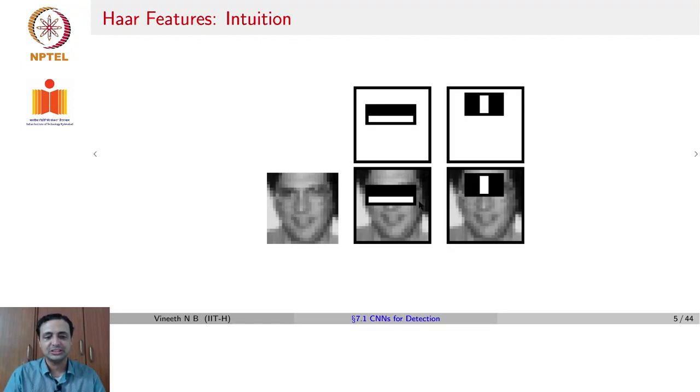So a Haar feature such as this would capture that difference. You could also look at eyes the other way and capture eyes using a white block sandwiched by two black blocks in a Haar wavelet. So these are likely to be good feature detectors of parts of the face.